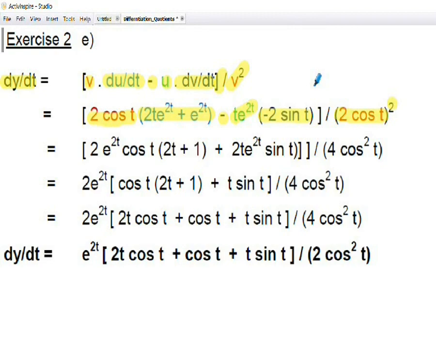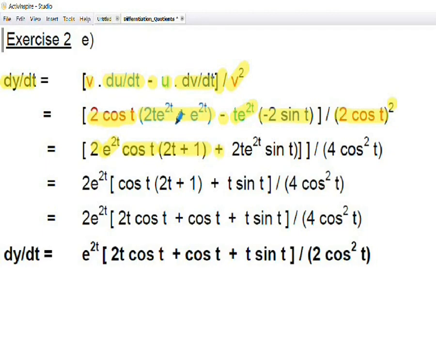From here on in it's basically simplification as I'm working through the expression. In this case I've taken the e to the 2t outside of the bracket, so I get 2 e to the 2t cos t times 2t plus 1. So just factorising there on the e to the 2t. Notice the sign change here.